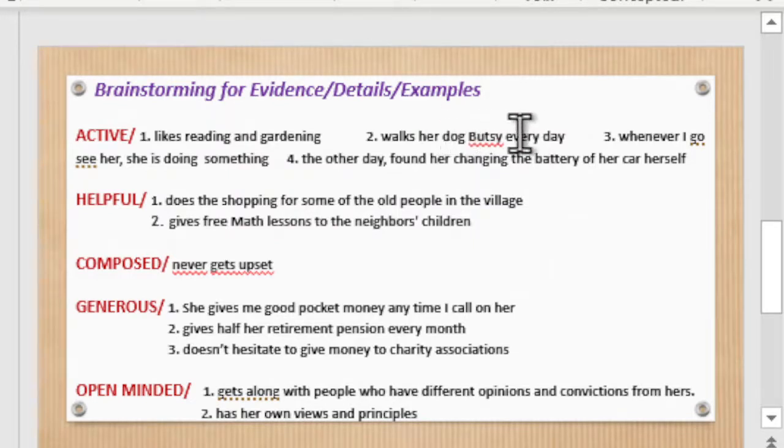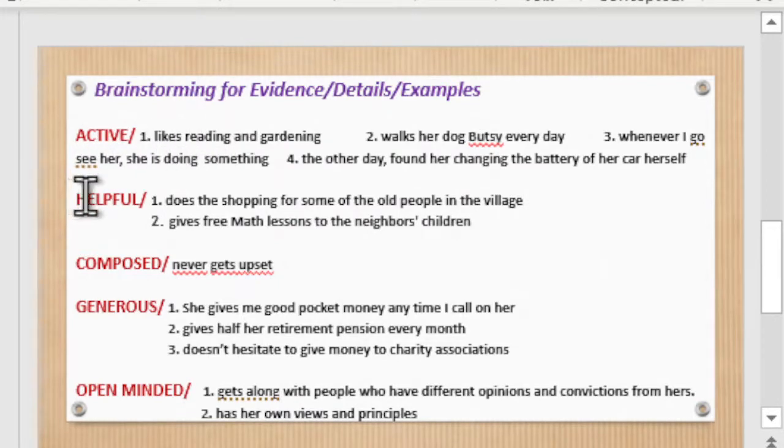That is action again. 3, whenever I go see her, she's doing something. She's never just sitting and relaxing. She's always busy doing something. 4, the other day, when I went to see her, I found her changing the battery of her car herself. Wow. All these 4 details show that Aunt Zahra is an active person.